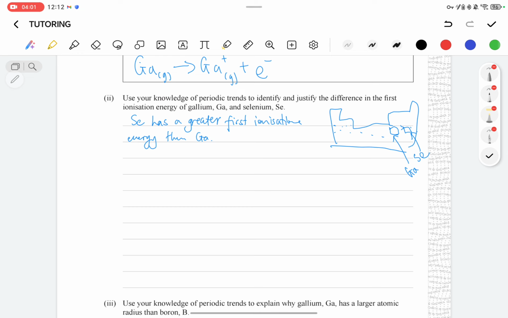Selenium is further to the right, so it has more protons in the nucleus. Therefore, it has greater electrostatic attraction on the valence electrons. Therefore, for selenium, more energy is required to remove the outermost electron, and hence Se has a greater first ionization energy than Ga.